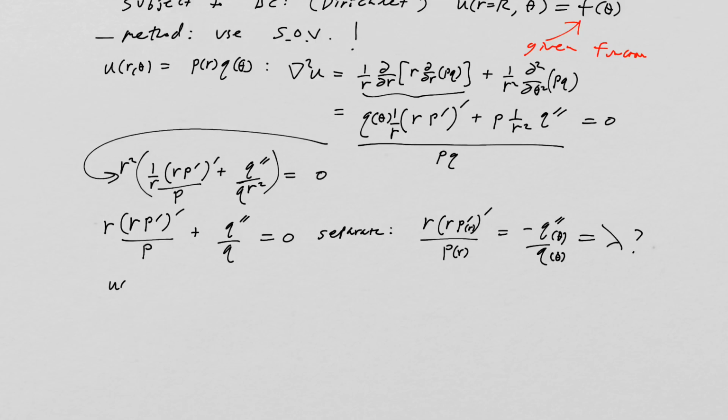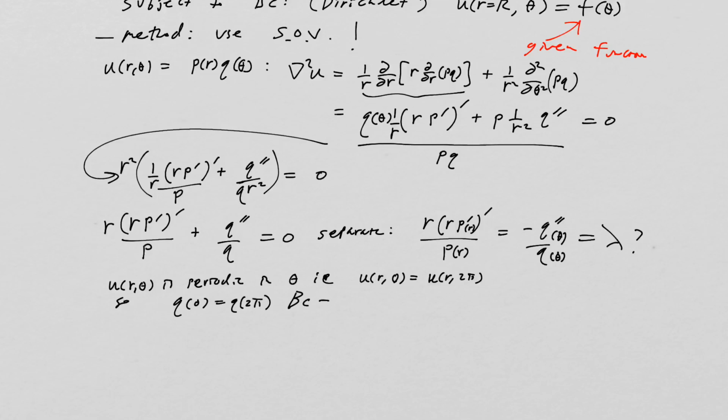First of all, we know that u of r comma theta is periodic in theta, i.e. we know that u at 0 is equal to u at 2 pi, or any multiple, right? So it must be that Q of 0 is equal to Q at 2 pi. Right, so that's one, what we call a boundary condition that's periodic.